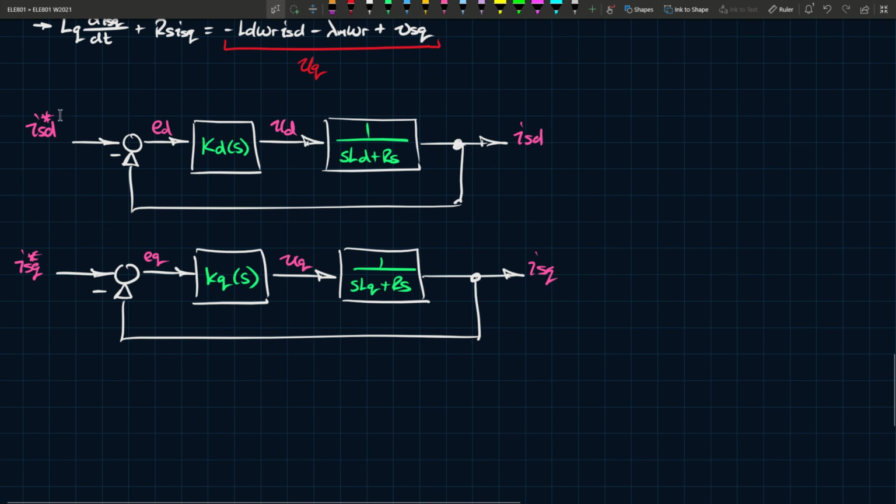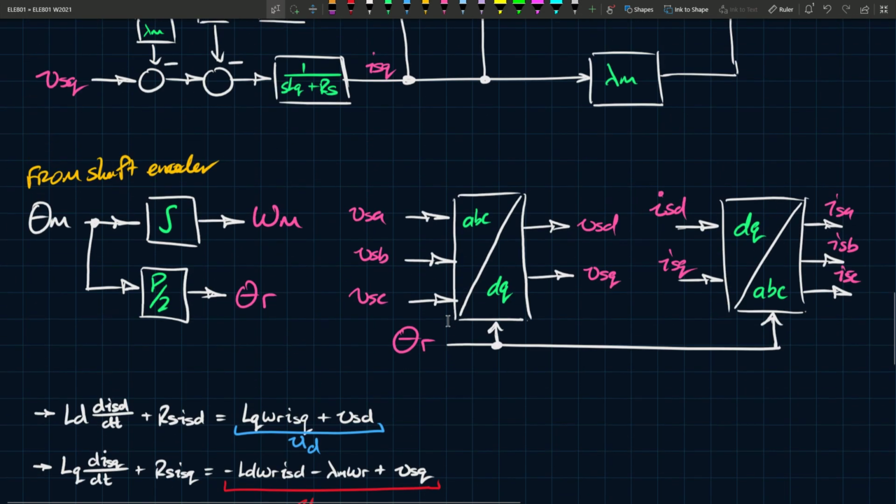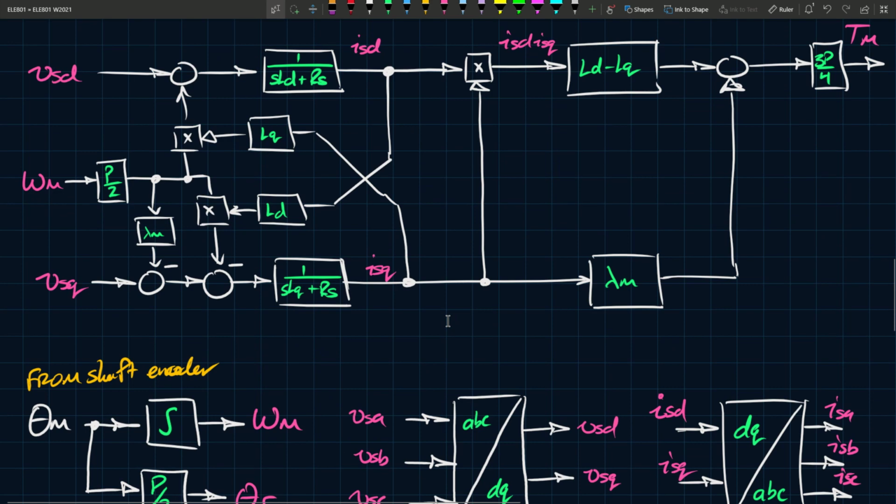Now I should mention that these control loops are designed this way for the purpose of control analysis. When you're implementing these, you have to understand that the output ISQ here is not coming from something like this. If you want to implement this in a simulation, the proper way is to implement this model here and then measure all the currents and such from this model.